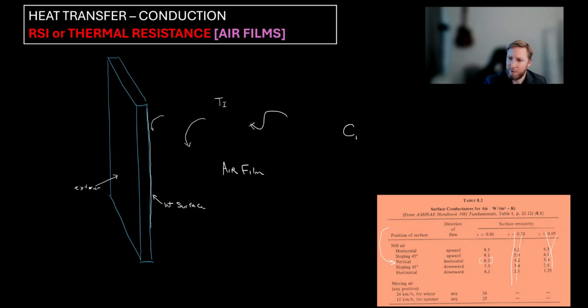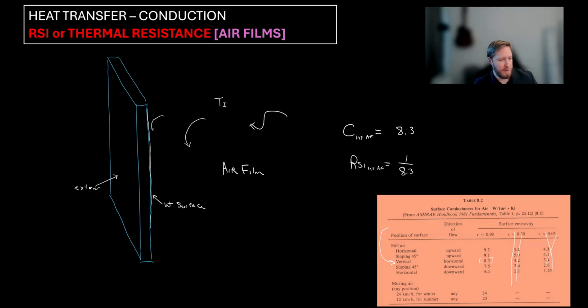And this 8.3, so if I put the conductance for interior air film, C interior air film is equal to 8.3. Well, if I want to know the RSI of that interior air film, I just have to take the inverse. So 1 divided by 8.3, right? Because we're converting conductance to RSI.